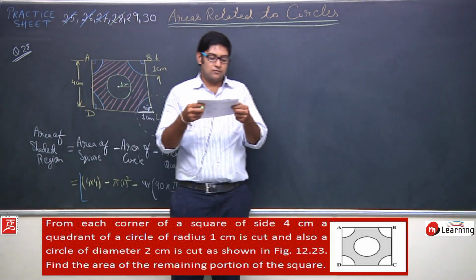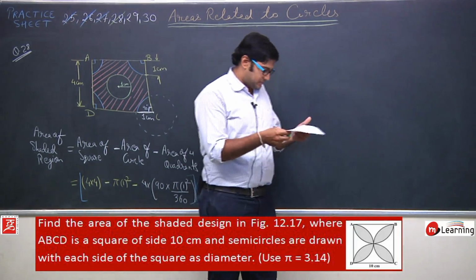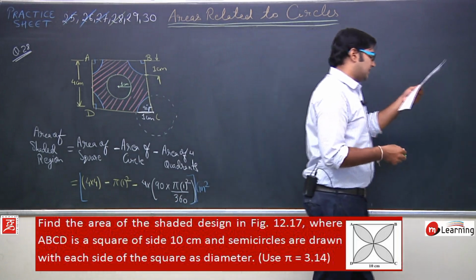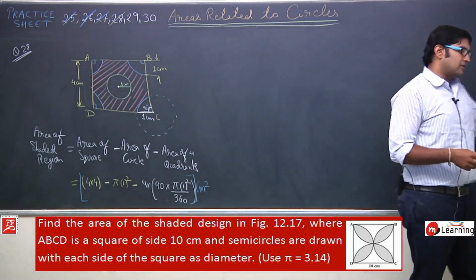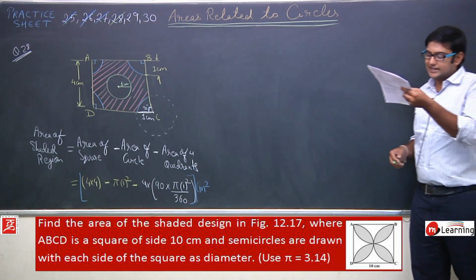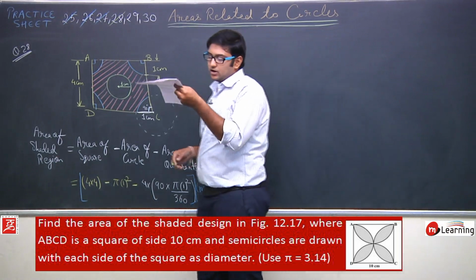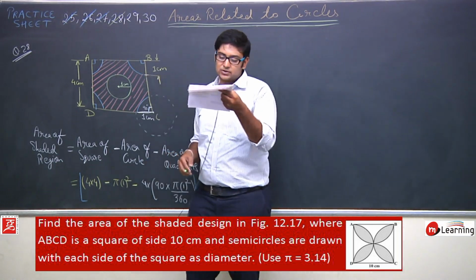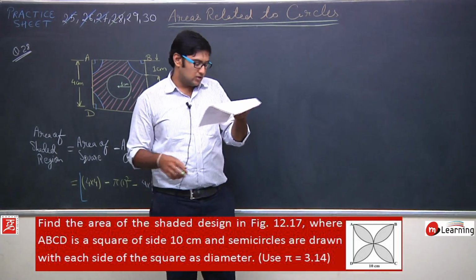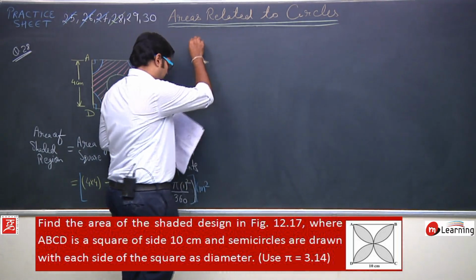Let us then solve question number 29. Question number 29 says, find the area of the shaded design in the given figure where ABCD is a square of side 10 centimeters and semicircles are drawn with each side of the square as diameter.